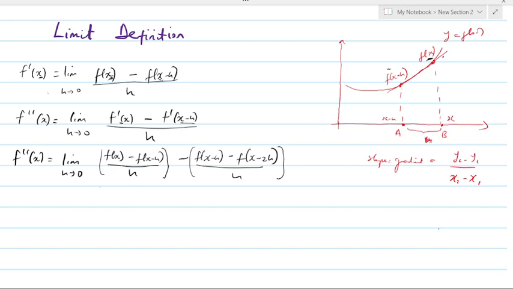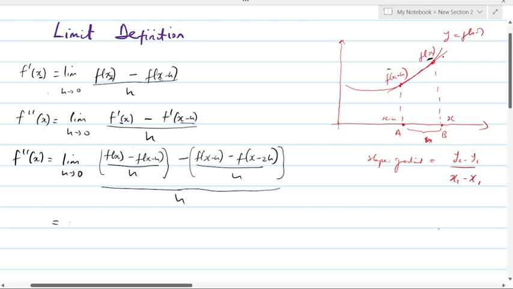And then we have everything over this previous h. By the time we factorize it, we realize that we have the limit as h tends to 0, and the common factor will be h. So this h will meet that h, and that will give us 1 over h squared. Just simple simplification.